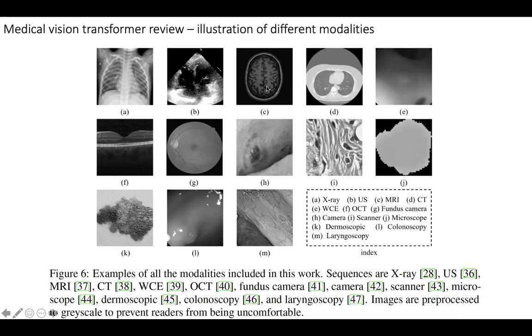And here is the MR image, an MR image of the brain, and this is a CT image, computed tomography, and this is a WCE image, and this is the OCT image, optical coherence tomography, and this is a fundus camera image, and H is just a camera image, and I is a scanner image, and this is a microscopic image, and K is a dermoscopic image, and we also have the colonoscopic and laryngoscopic images. So as you can see, they are very different from natural images.